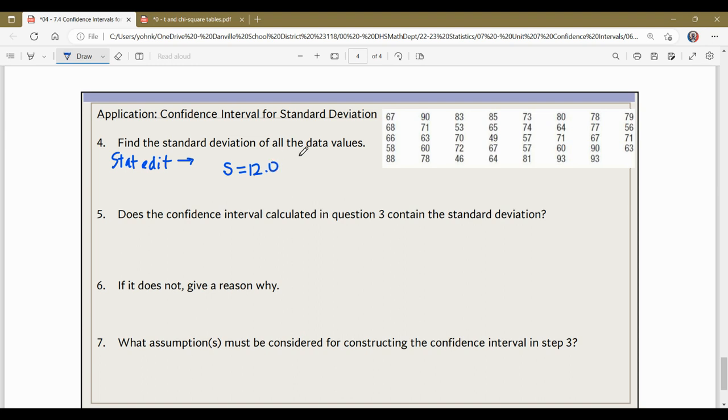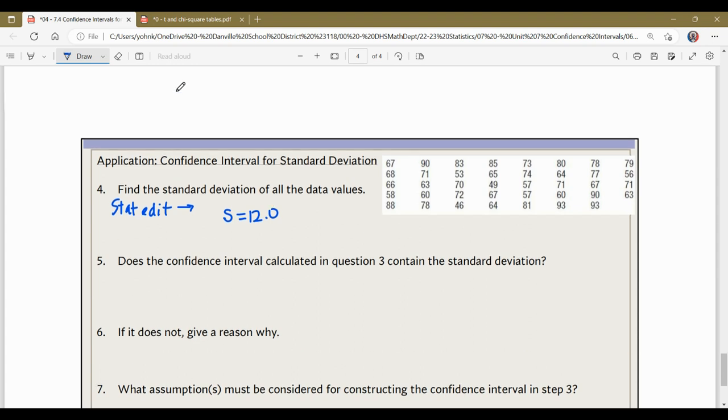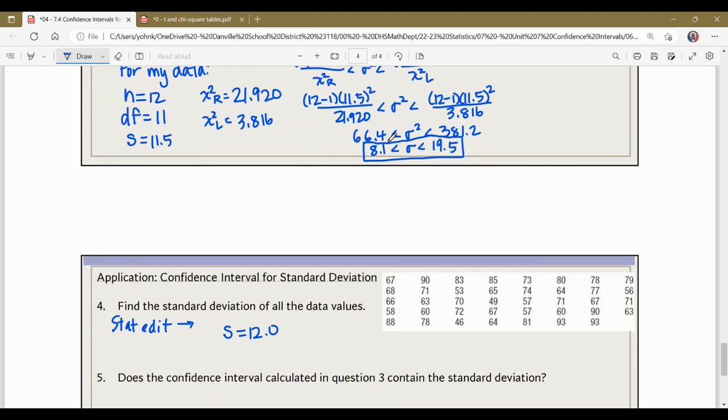Now take a look at this, guys. Does the confidence interval that you calculated in question number 3 contain the standard deviation? So find your confidence interval. That's, for me, 8.1 to 19.5. And the answer is yes, because my whole entire population standard deviation is 12, and I estimated that it was going to be between 8.1 and 19.5.